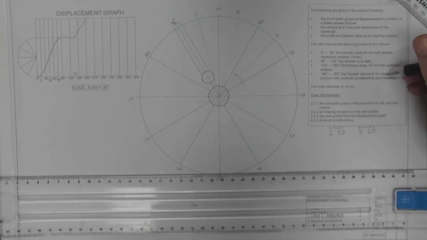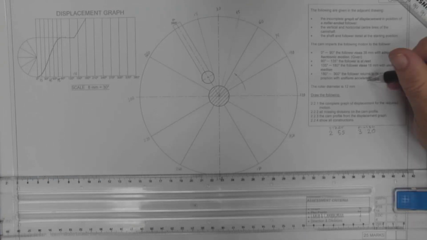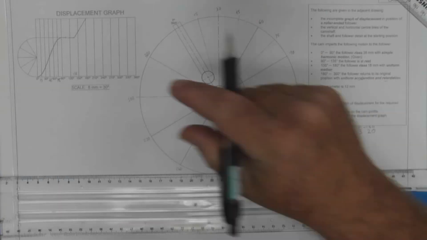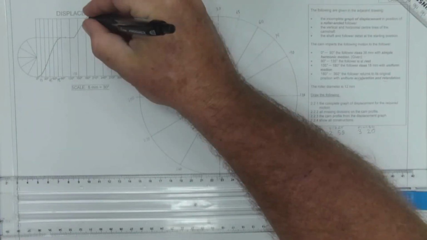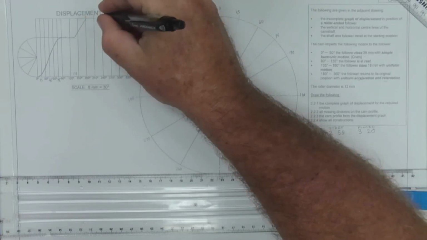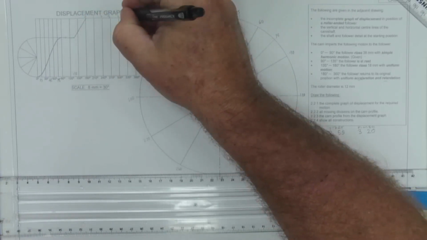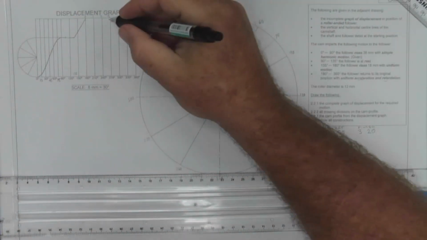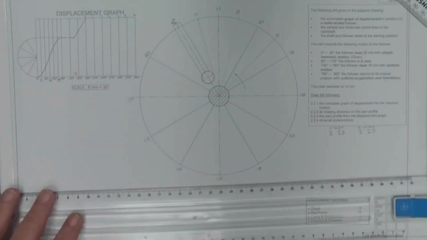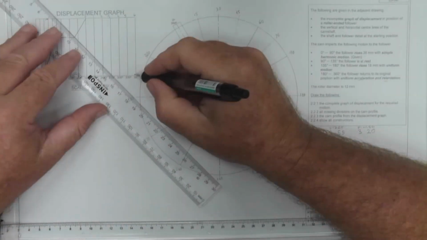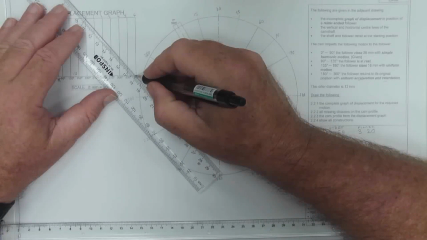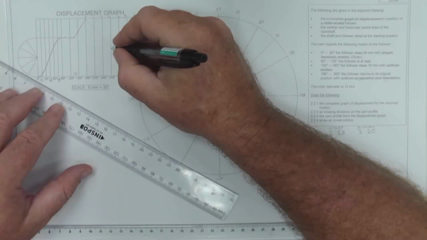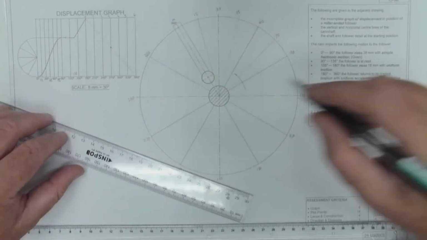Now from 180 to 360 it returns to its original position using acceleration and retardation. Now what that means is we've got to look at how many divisions we've got here. So I've got 0, 1, 2, 3, 4, 5, 6 divisions, and I must then have 6 vertical divisions. My middle is 3. Now what will happen is that if I join up the start corner to the end corner, that will give me the center of this and point 3.